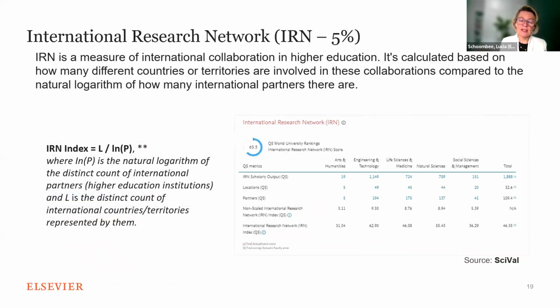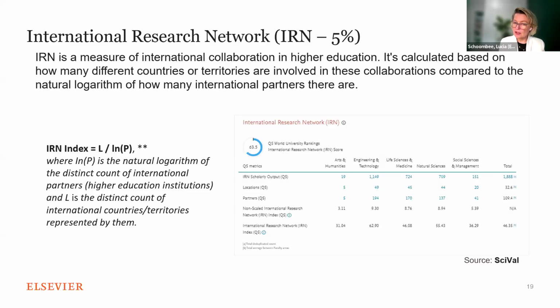And then this is the second metric that is used: international collaboration. It's calculated on how many countries or territories are involved in the collaborations compared to the natural logarithm of how many international partners there are.